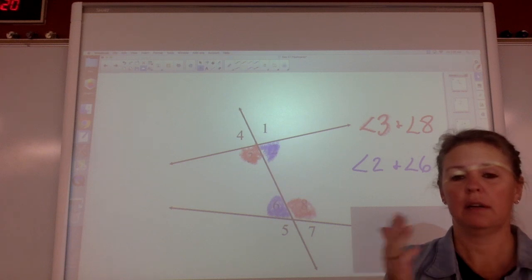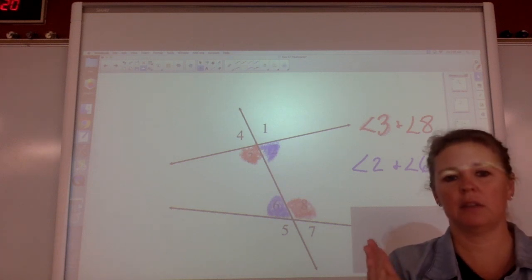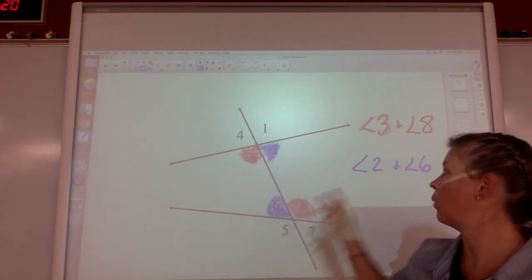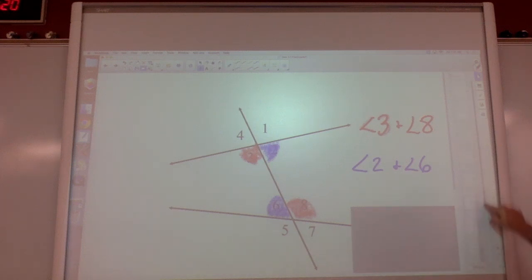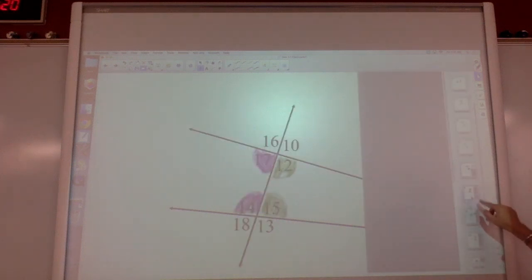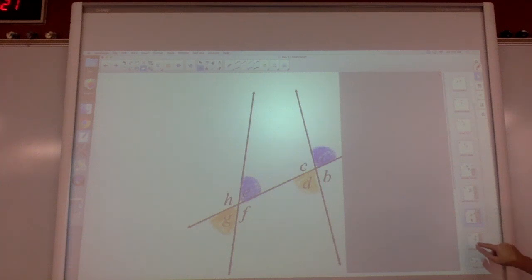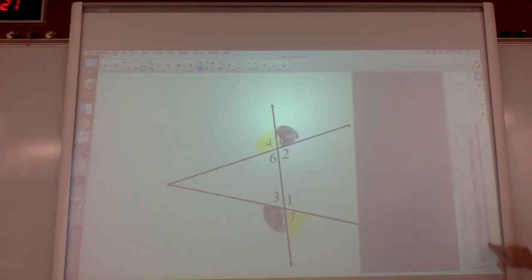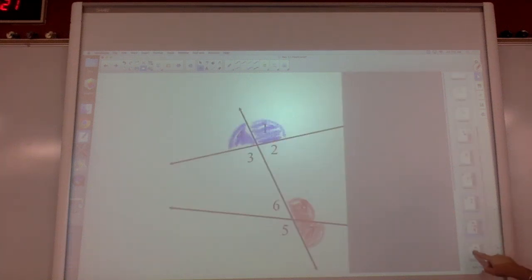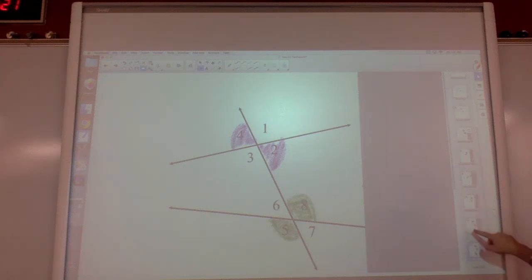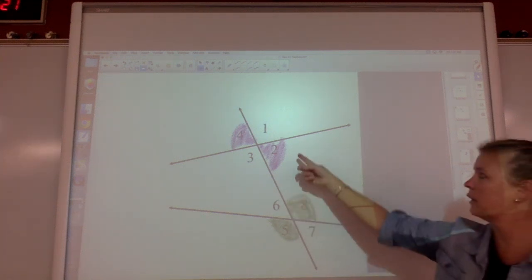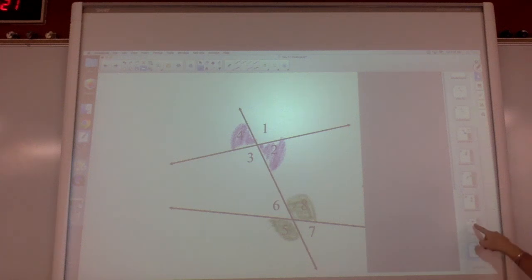Or vice versa, look at the alternate interior angles page and see if you can picture where they would be on there. But you've got enough flashcards, and you can cut them out if you want to make any different pairs of alternate interior, alternate exterior, corresponding, same side interior. I even threw in vertical angles so that you remember those from the last chapter.